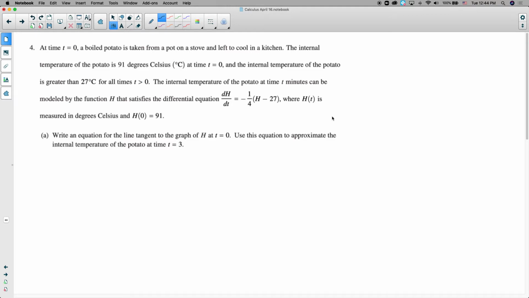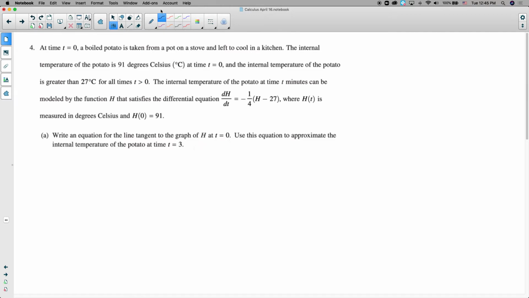The first thing is to write an equation for the line tangent to the graph of h, which this is not the equation of. I do not know the equation of h. But we're to write the equation of the line tangent to the graph of h at time equals 0.